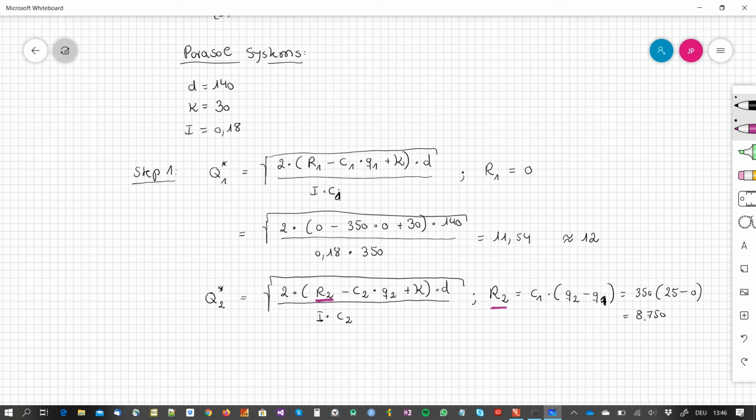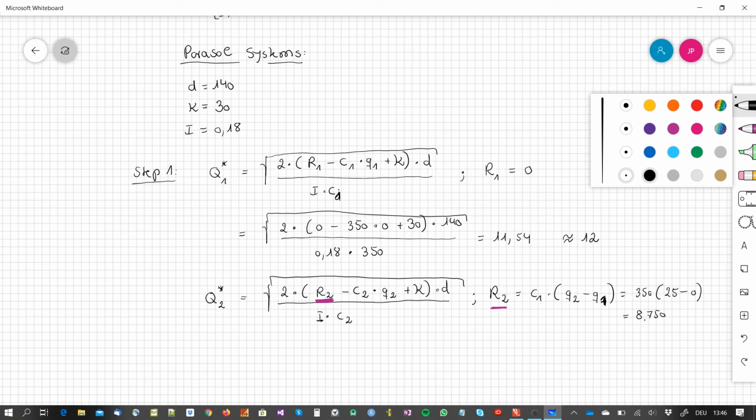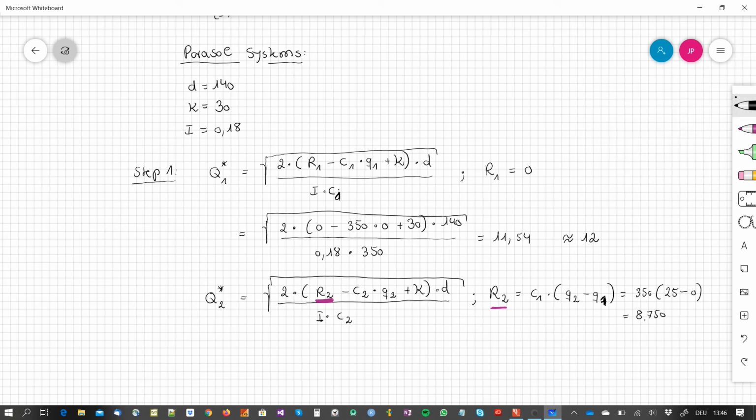So we need to calculate this price. And if we plug in our data, and the only one that was missing was the R2, and I showed you how to calculate it, so I'll leave that out. Then you should get 66.85, which is approximately 67.